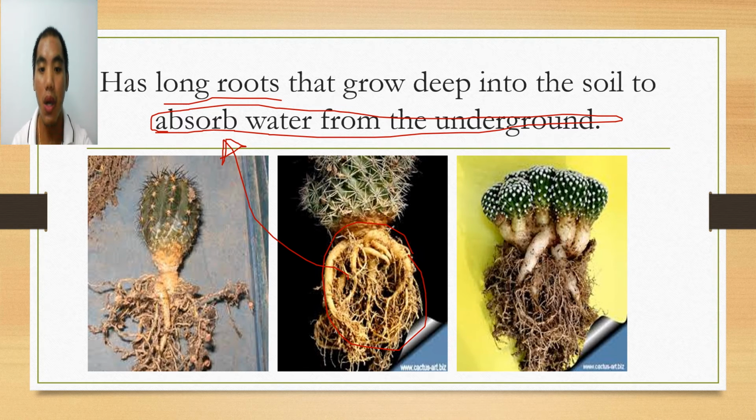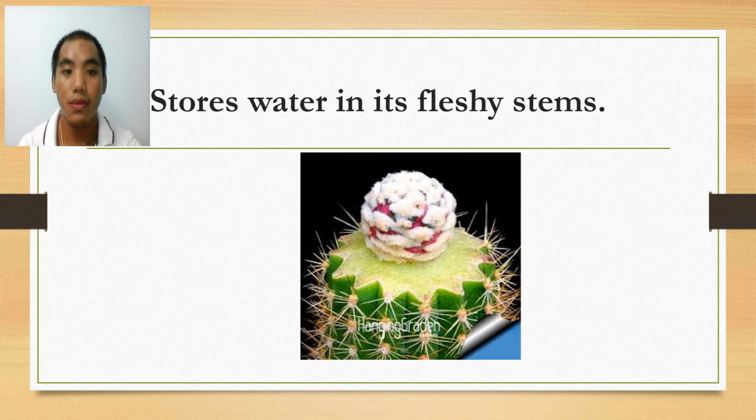Understand? So again, roots are used to absorb water from the underground. Another feature of a cactus is it stores water in its fleshy stems. For example, this is the stem of a cactus.